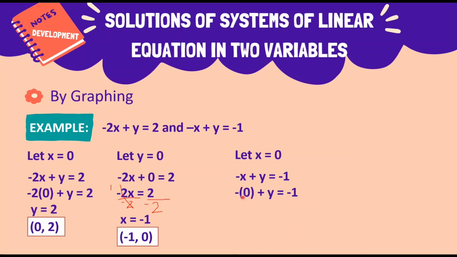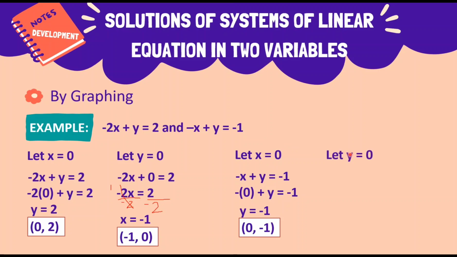Negative times 0, that is 0 pa rin. And kahit ilipat natin siya sa kabila, it does not affect the equality of the equation. So therefore, it becomes y is equal to negative 1. That is the value of our y. So now, for our first ordered pair in this second equation, we have 0 and negative 1.